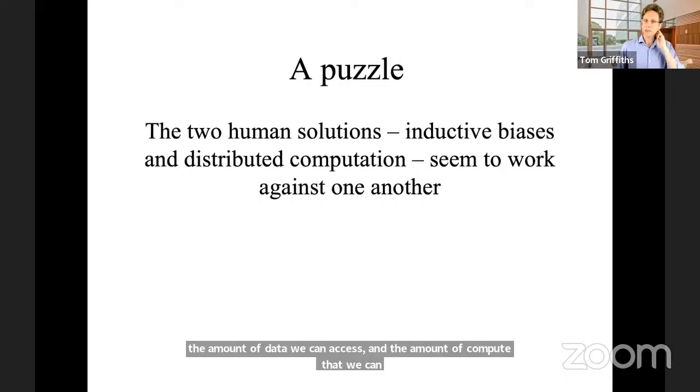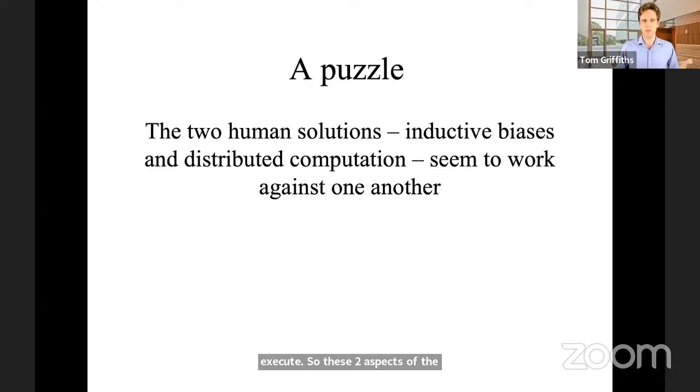So these 2 aspects of the human solution to our finite brains and finite lifetimes, inductive biases and distributed computation, seem to be working against one another. Inductive biases are useful for individuals, but potentially not that good when putting together a bunch of individuals who are going to try to learn something and build a better model of the world.